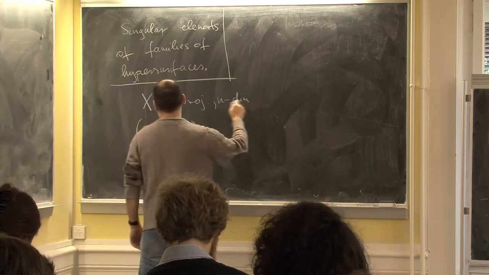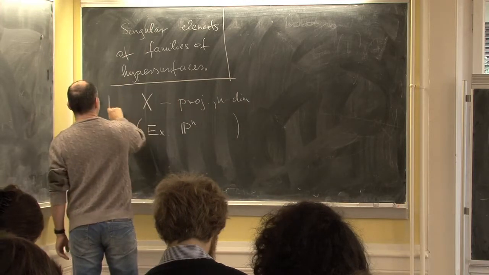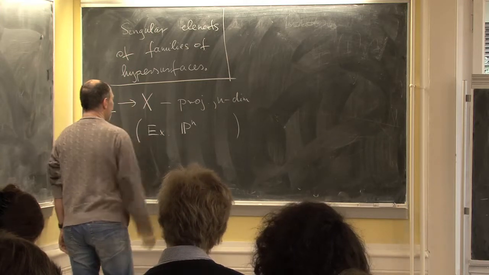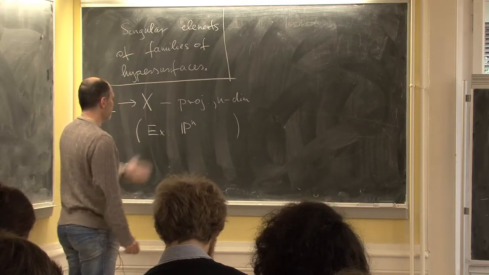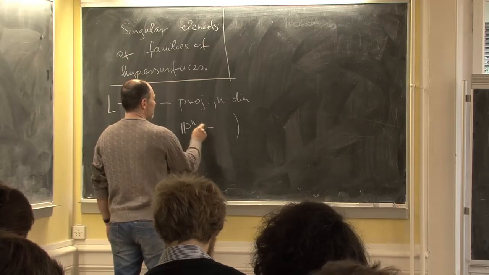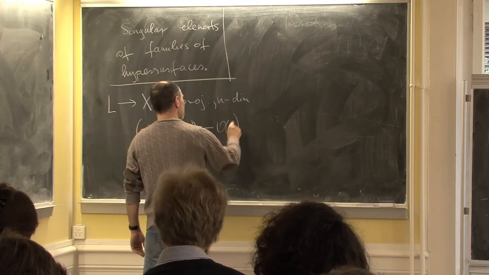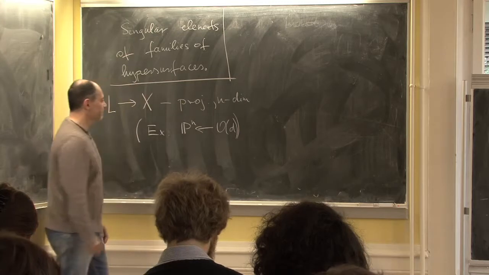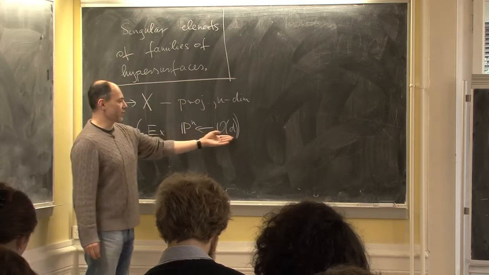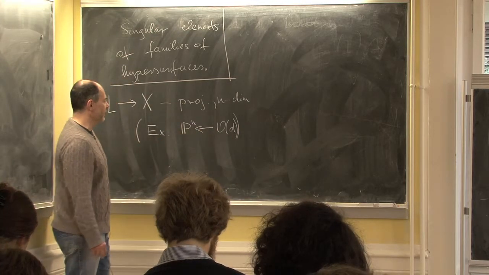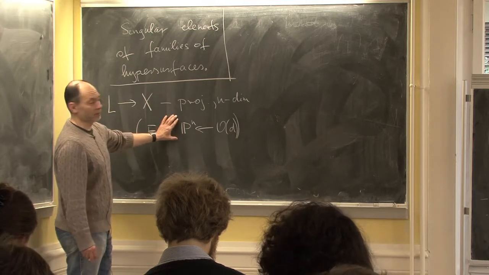You will assume that X is endowed with a line bundle, which here you can think of as O of D on Pn. So here, the sections of the line bundle are just the degree D homogeneous polynomials in n+1 variables.